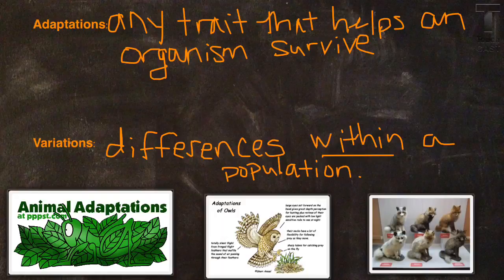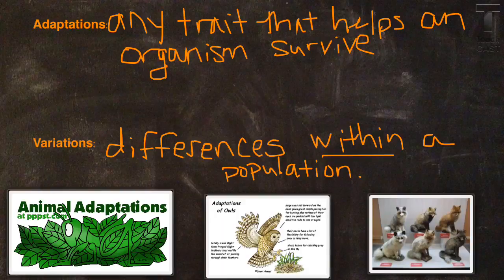Some variations might help an organism to survive, and it's still a variation until over time, generations and generations, these variations that maybe make it more likely to survive, so maybe the organism doesn't stand out as much to a predator, so they're not getting eaten as much, well, they're going to keep passing that variation, that gene, on to offspring, and it'll keep getting passed on and on, and eventually the whole population will have that variation.